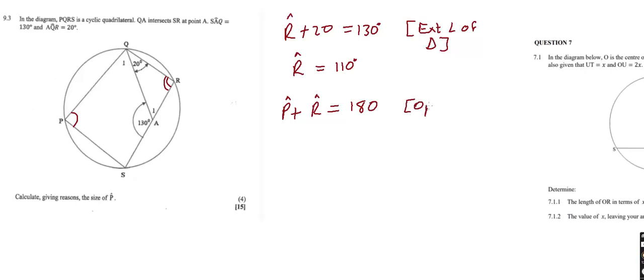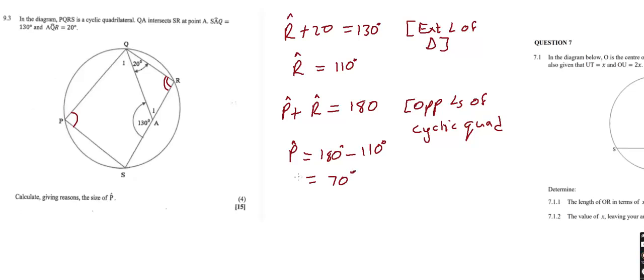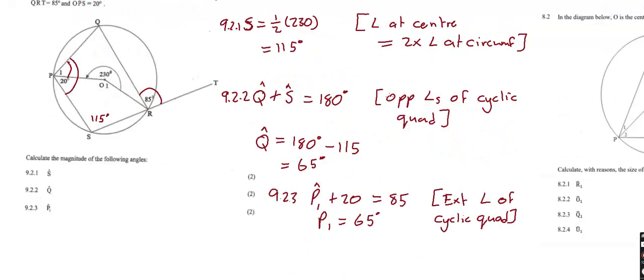And that is opposite angles of a cyclic quad. And this is now going to be P is 180 minus 110, which should give us 70 degrees. So that is P. Let's move on.